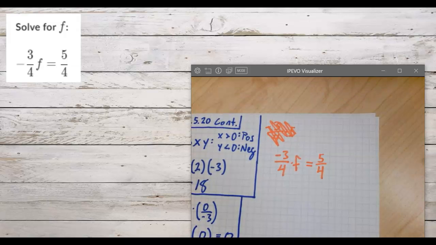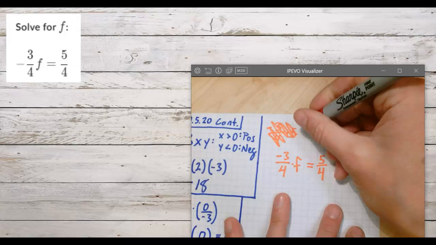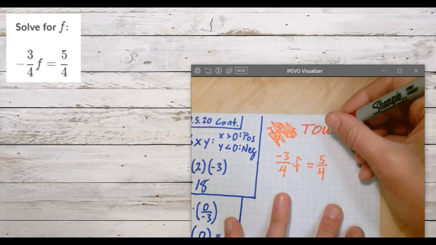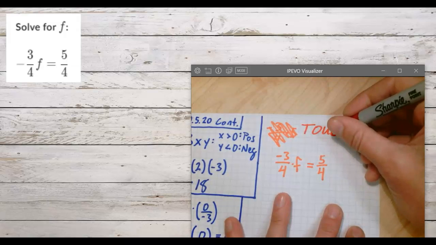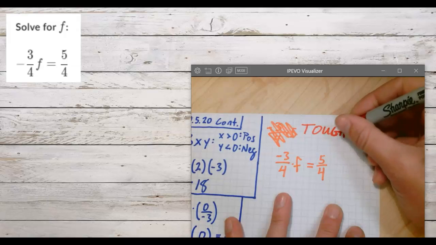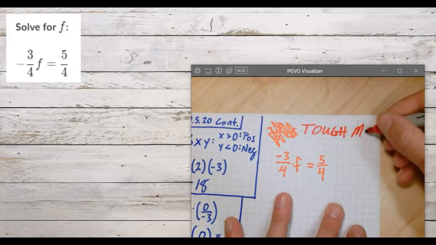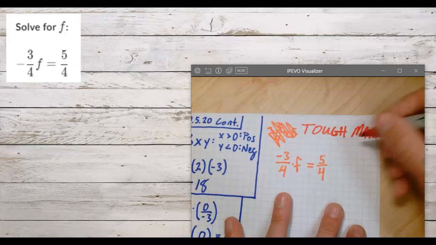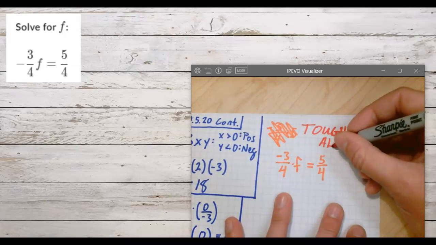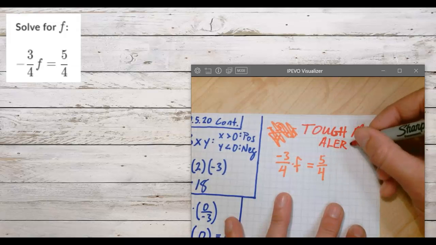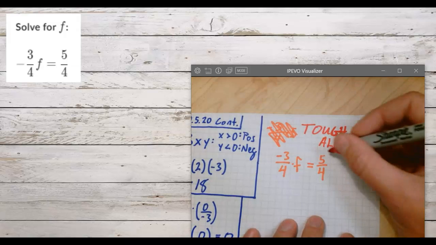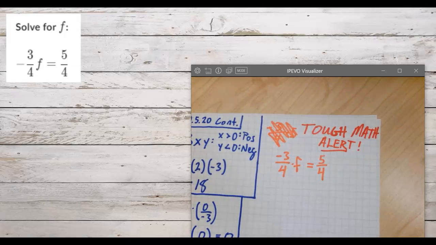Guys, this is tough. Tough math alert. Why this is tough is it doesn't actually fall into the rules we've been talking about.